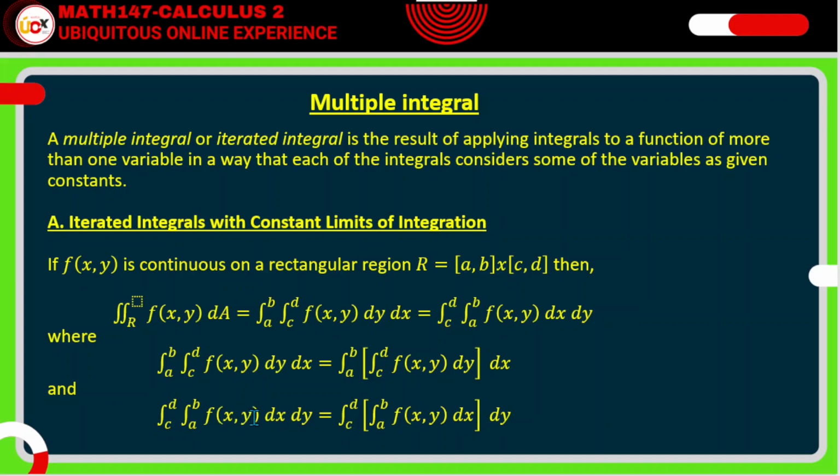So if this function is evaluated first with respect to x, where x is from a to b, the resulting integral will now be integrated, this time with respect to y, where y is from c to d.